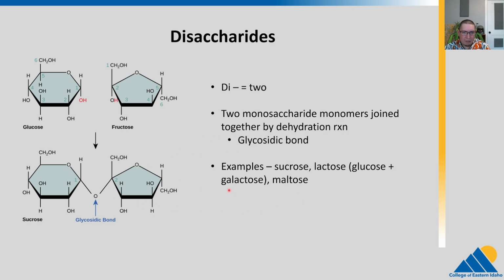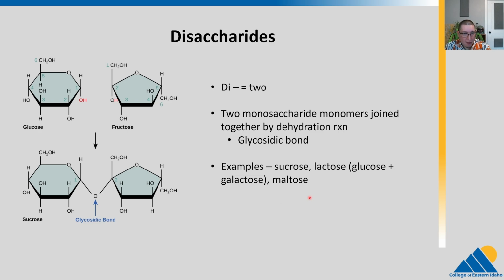So some other examples of disaccharides. We have sucrose here, that's glucose and fructose. You may have heard of the sugar lactose, which is found in milk. Lactose is a glucose molecule with a galactose molecule. And then we have maltose. Maltose is a disaccharide that's made up of two glucose monomers.